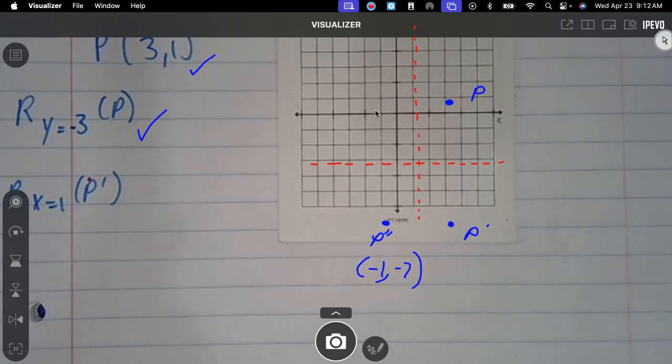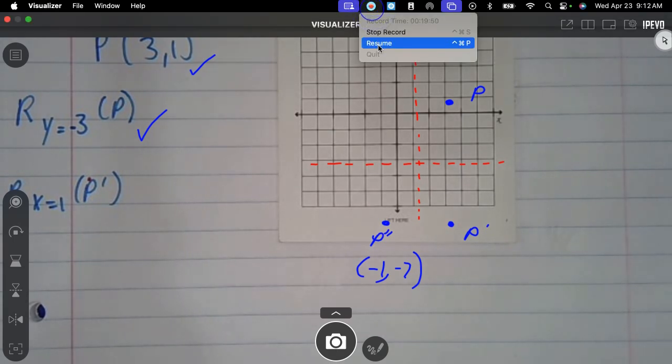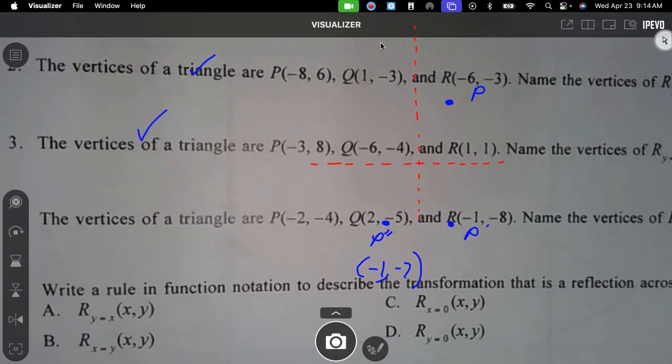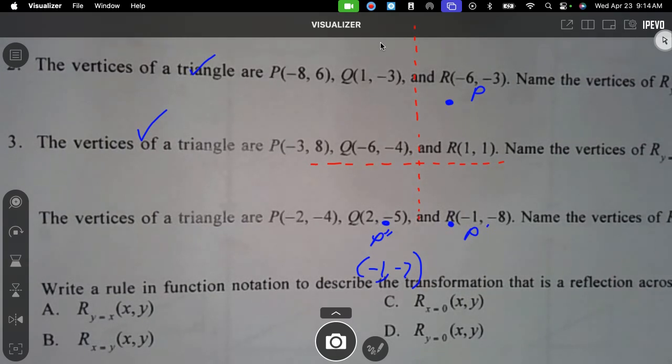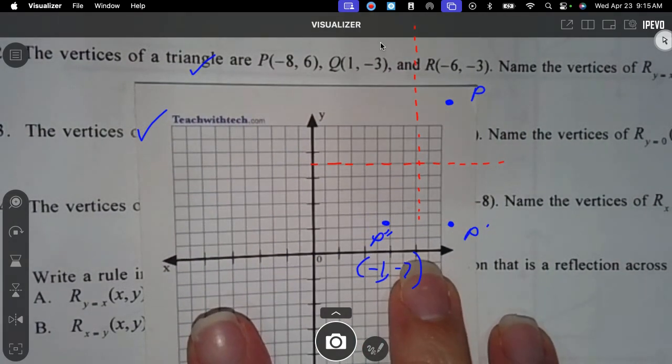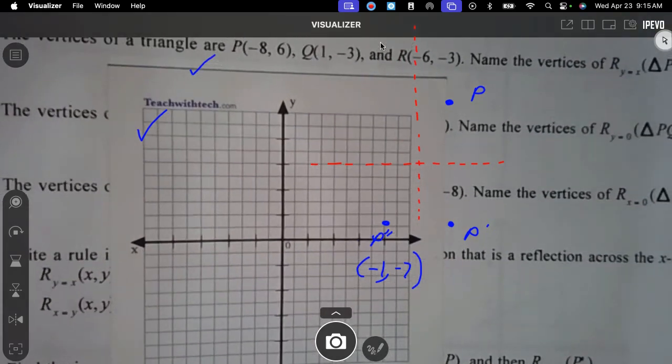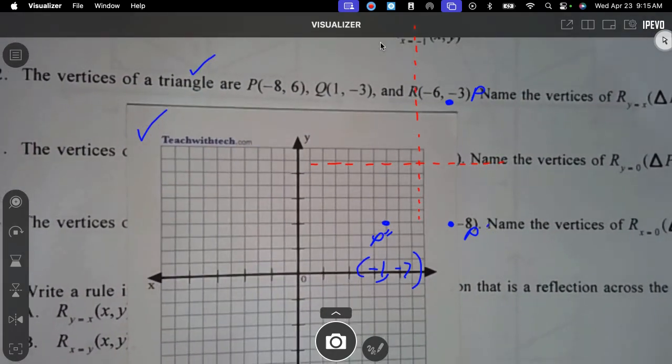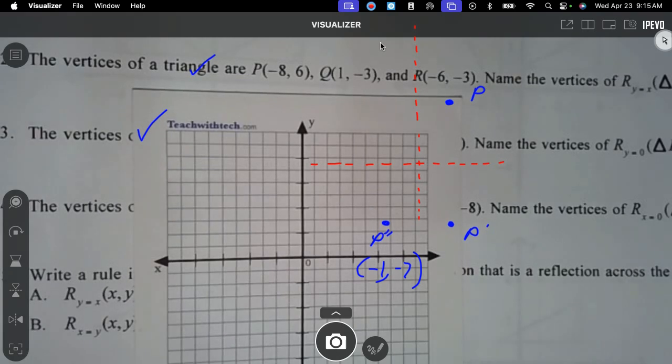Oh, I'll pause it for a second. So for number 2, our points, let me find a bigger graph. I think this will work. I'll erase that, hold on. And it's telling me to flip it over y equals x, okay.